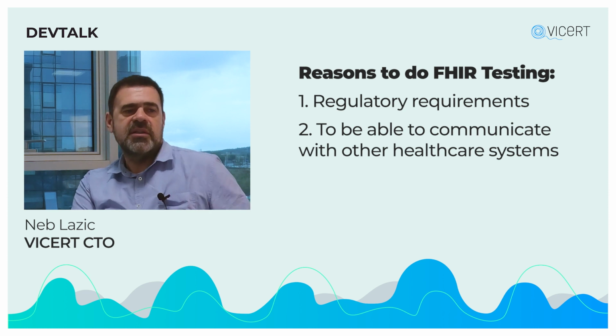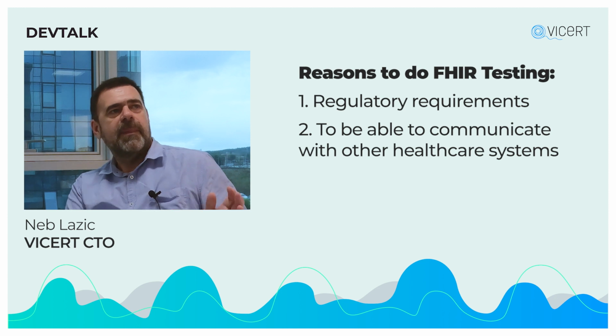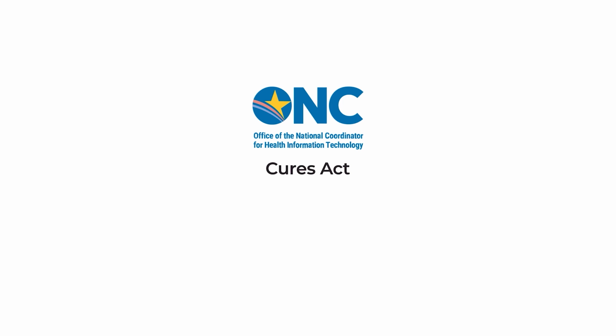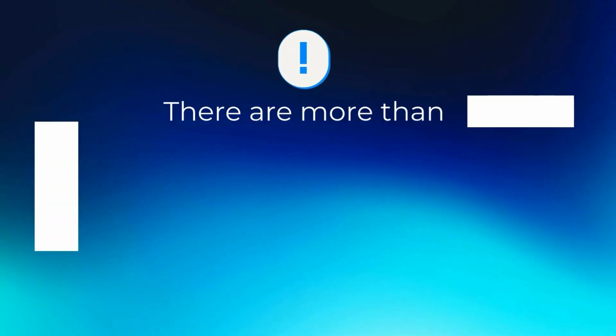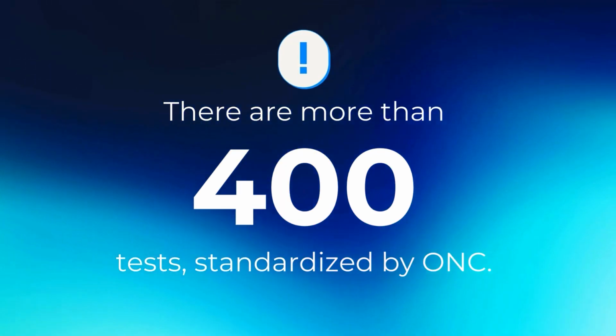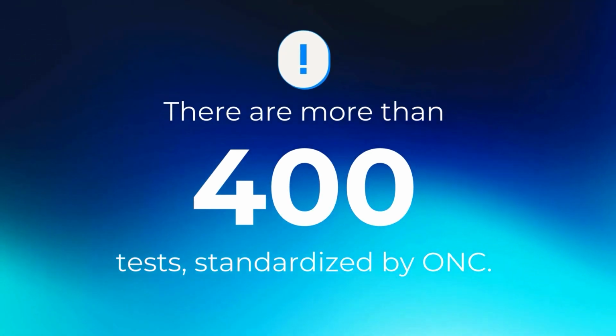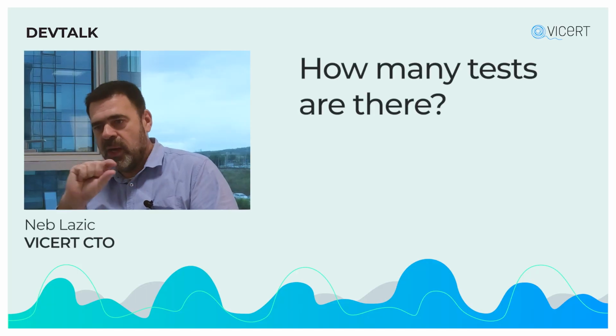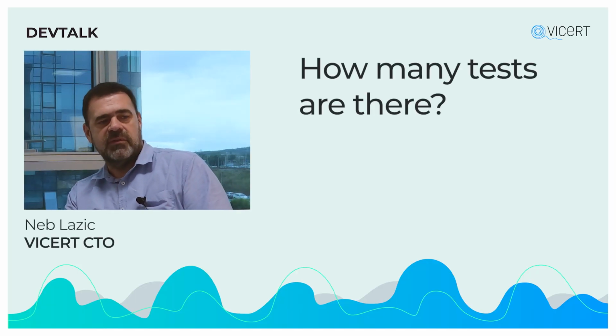And depending on the reason why you're exposing your data in FHIR, that drives the decision on how to test your data. So if you're exposing your data in FHIR because you want to achieve the ONC certification, then that ONC certification will specify all the tests that your implementation needs to pass in order to achieve that certificate. And there is 400 tests, standardized by ONC, that your implementation needs to fulfill, needs to pass, in order to get the certificate just for one type of certification.